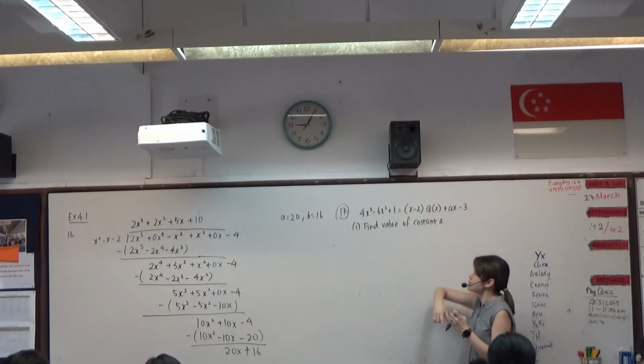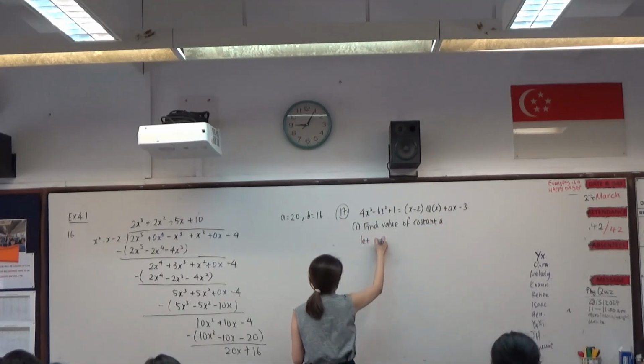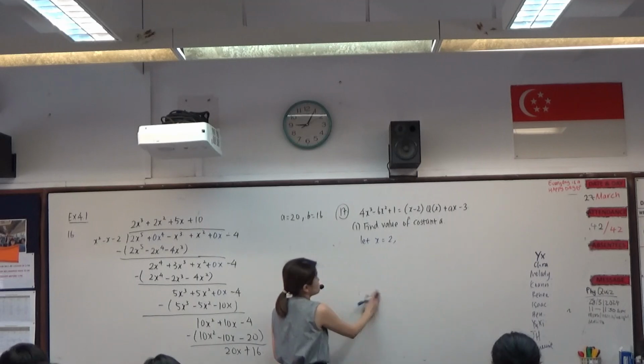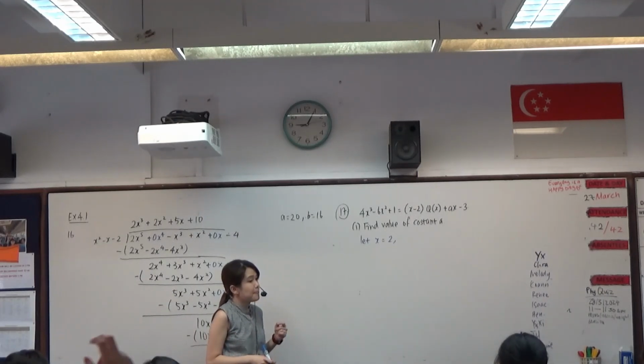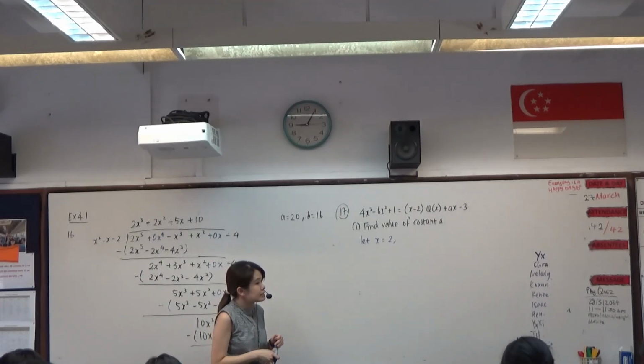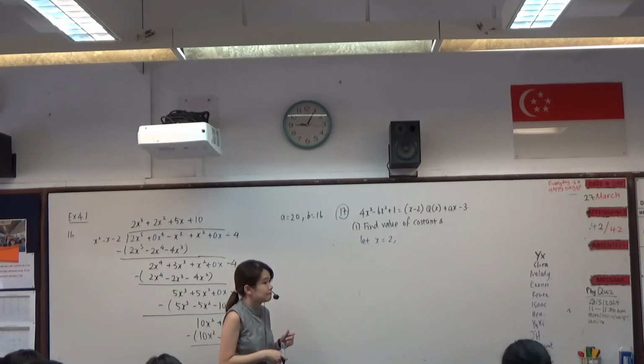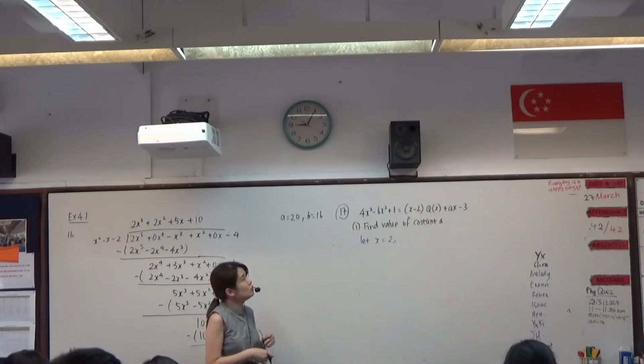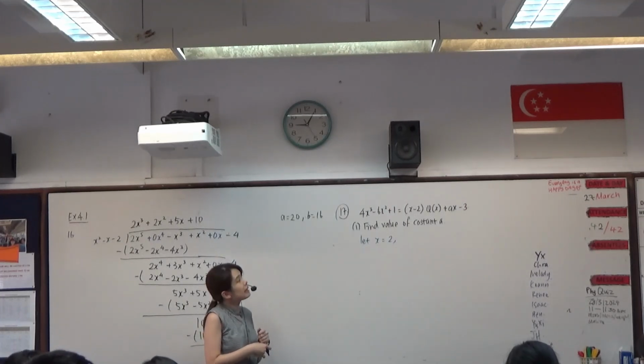So that's why we sub in x equals 2. Otherwise, if you want to do long division, you can, that's another way.